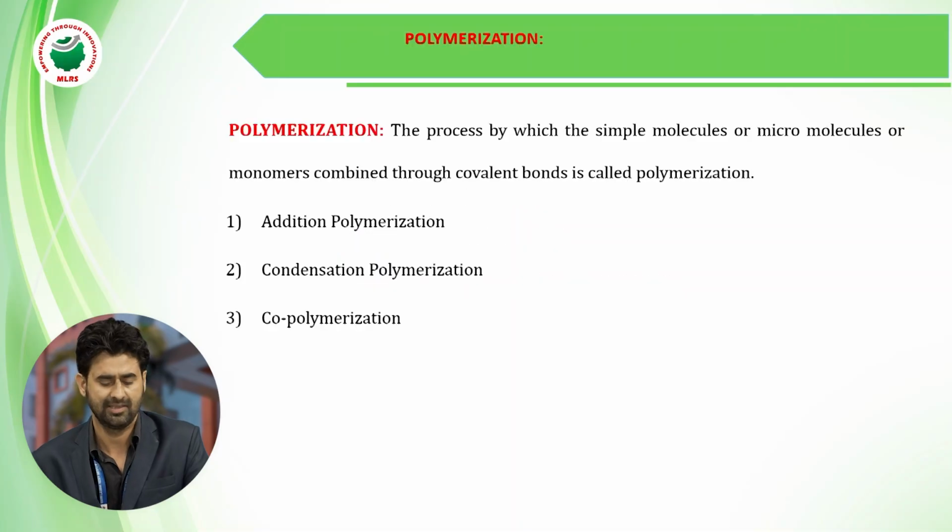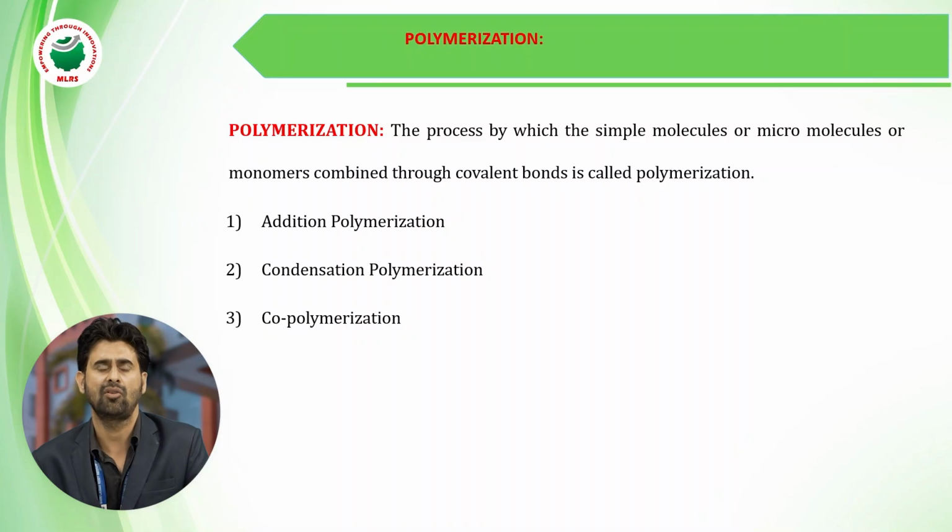So we will start with the definition and introduction of polymerization. The process of polymerization is one in which the smallest units, monomers, combine together to form large macromolecules, which we call polymers.